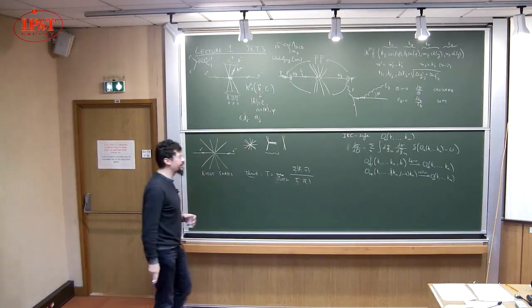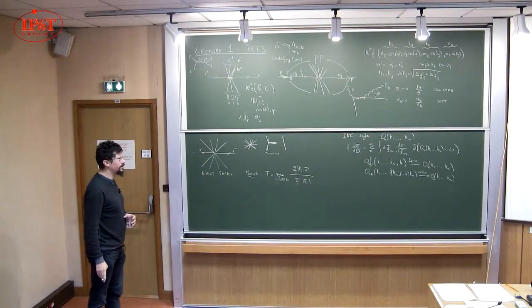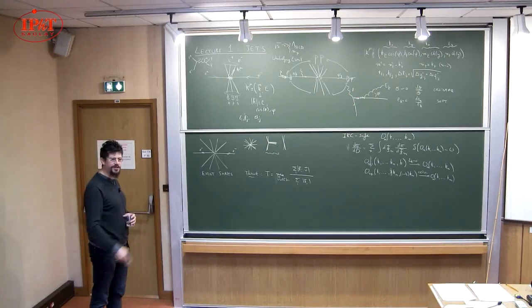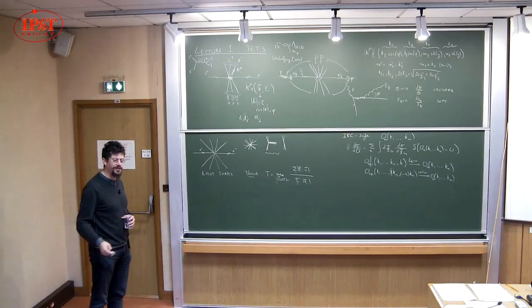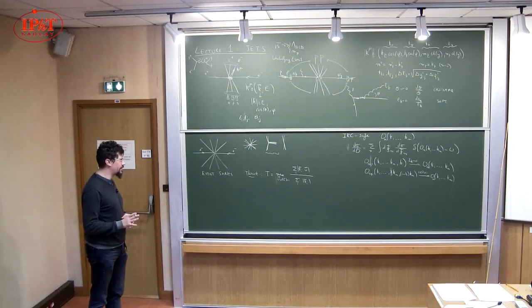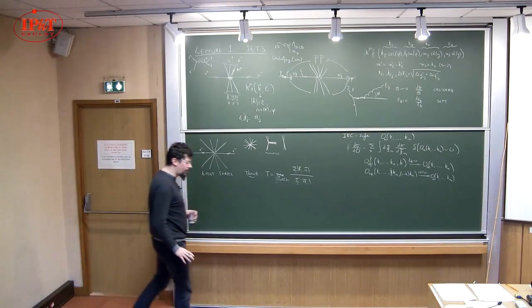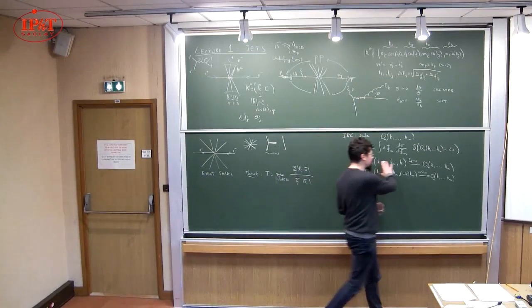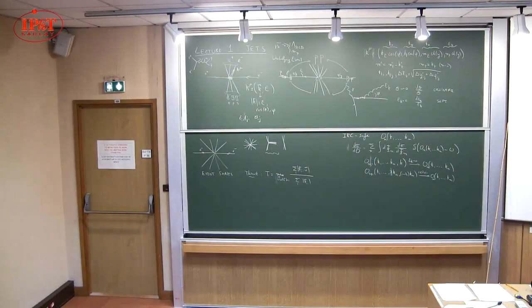So these are the two conditions. If you tell me you have an observable that doesn't satisfy these conditions, I'll tell you, go ask someone else. This is crucial, in the sense that if you want to be able to calculate these objects in perturbative QCD, this is almost a prerequisite.